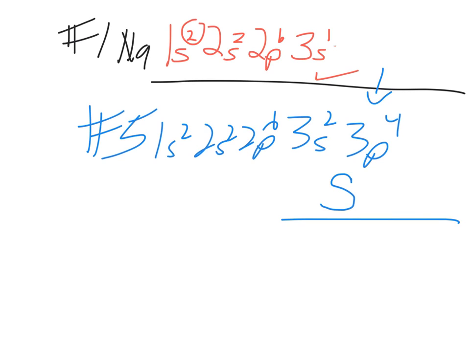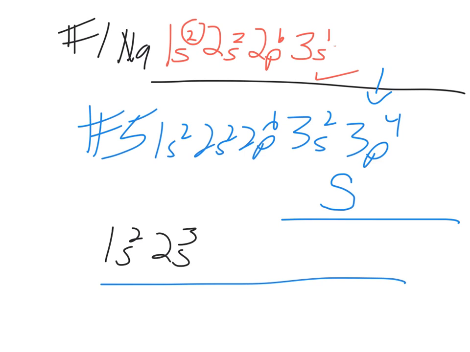Now, on the bottom two, it's asking which one's invalid. How can I tell if something's invalid? If I give you something like this, what's wrong with this? Can I have a 3 on an S? No. So that's how you know that's wrong, because S can only have up to 2. What if I had a 2p10?